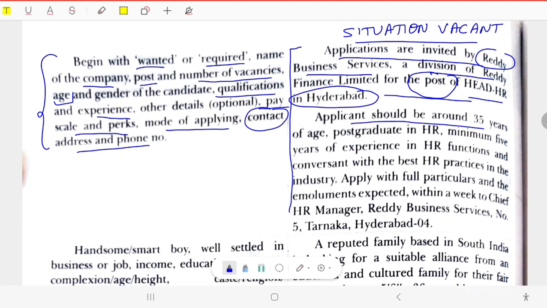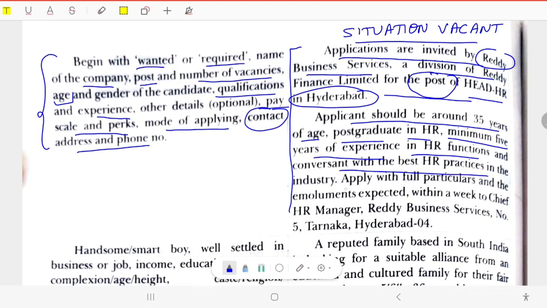Applicant should be around 35 years of age. Qualification: postgraduate in HR. Experience: minimum 5 years in HR function, and conversant with the best HR practices. This is the required thing.